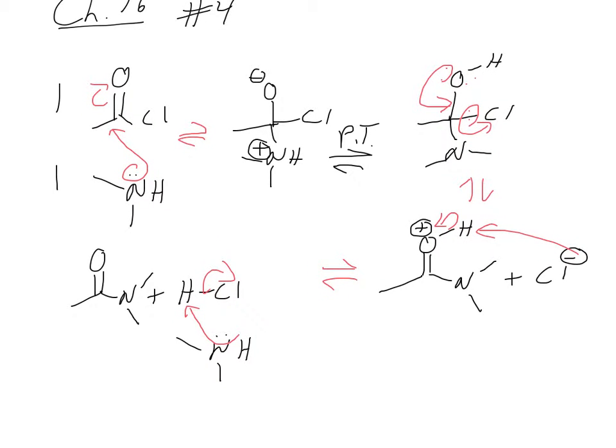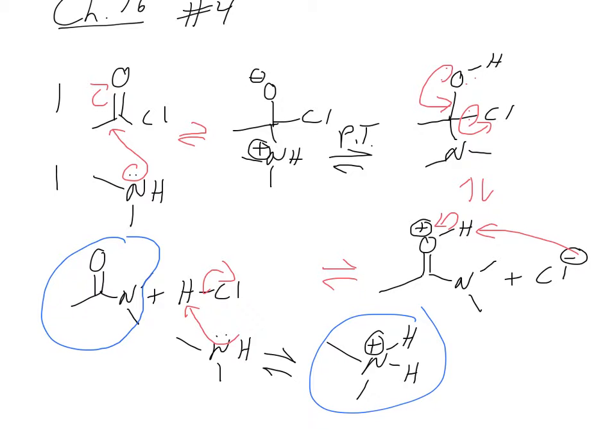You're going to make the amine, but the protonated version. So this problem, what they're looking for is the product, this protonated amine, and also leftover acid chloride. Those are the 3 things they're looking for.